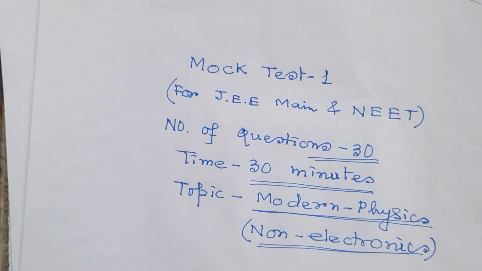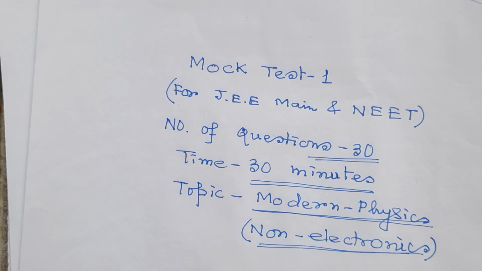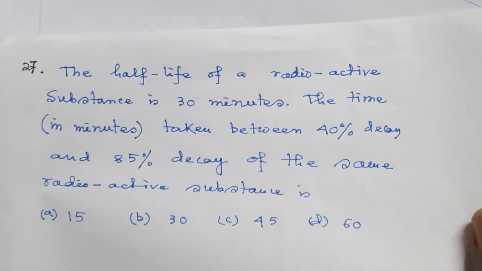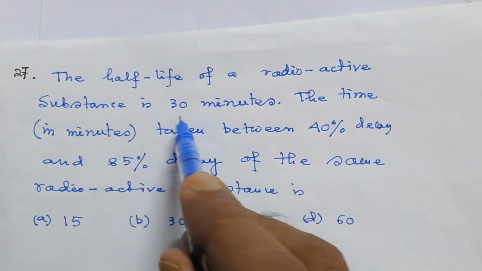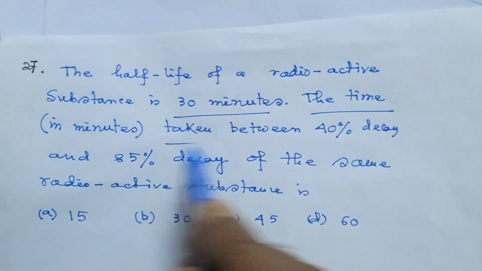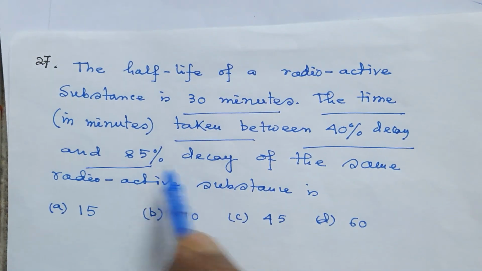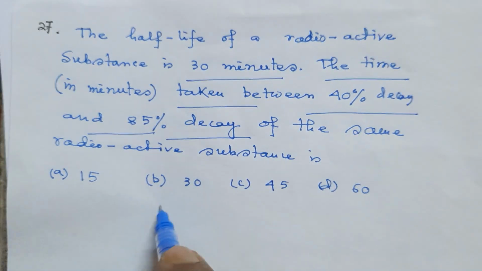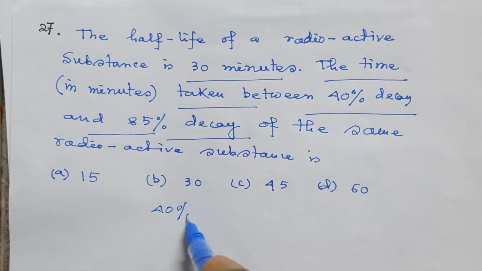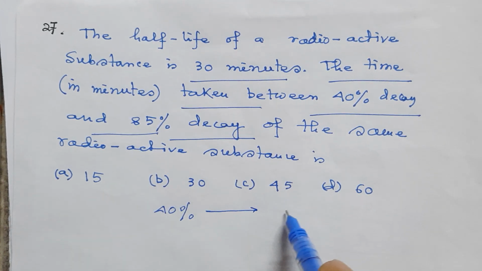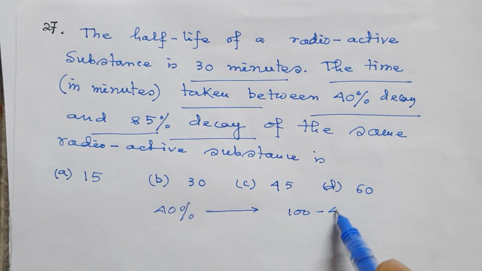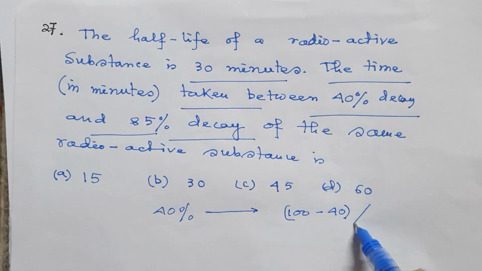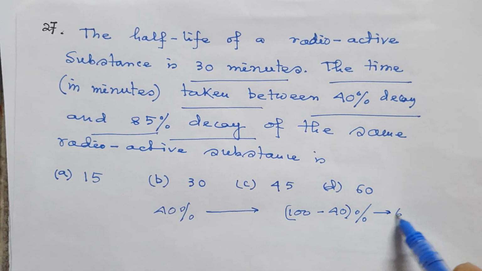Now consider question number 27. The half-life of a radioactive substance is 30 minutes. Find the time taken between 40% decay and 85% decay. The disintegrated portion is 40%, so the non-disintegrated portion is 100 minus 40, that is 60%, in the first case.